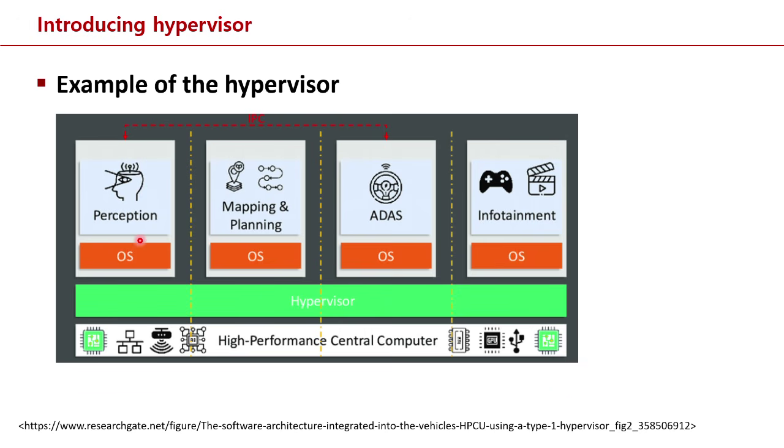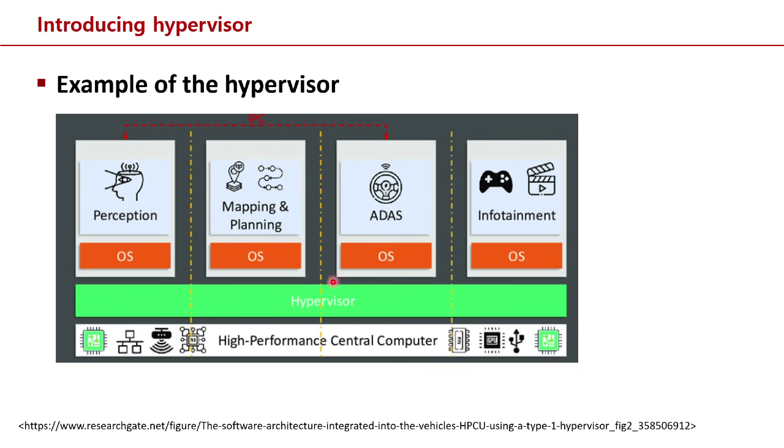The first guest OS is responsible for perception, and the second virtual machine is taking care of the mapping and planning. The third guest OS is taking care of the ADAS operation. And the fourth guest OS is undertaking the infotainment features. Those features are prevalent in the automotive sector.